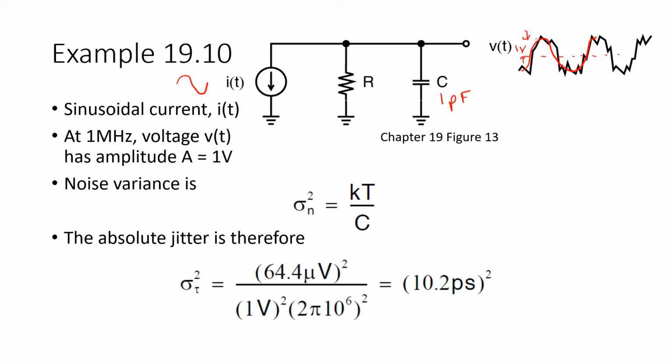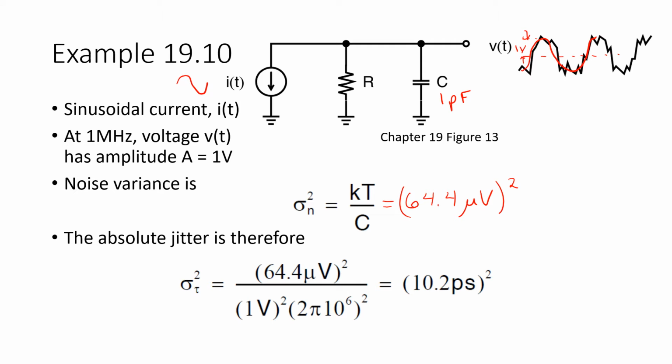As a result, regardless of the value of R, we know that the variance of the voltage noise at V is going to be given by kT over C, which at room temperature is about 64 microvolts squared.